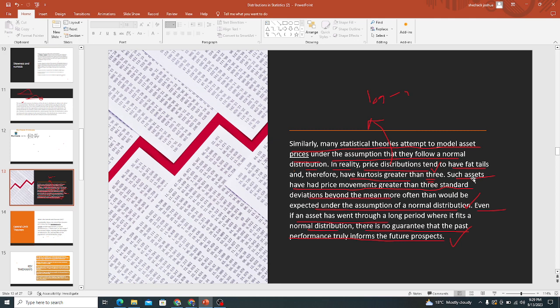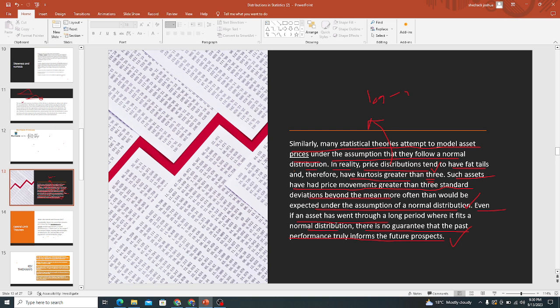Such assets have had price movements greater than 3 standard deviations beyond the mean more often than would be expected under the assumptions of a perfect normal distribution.